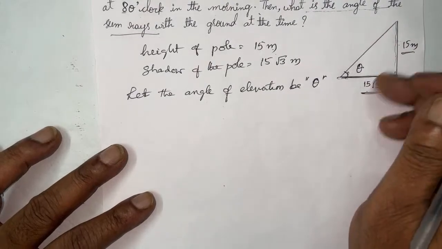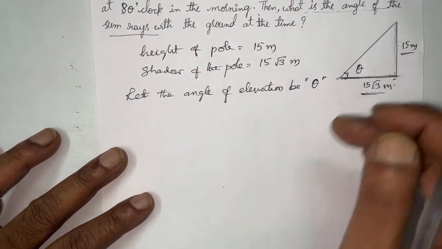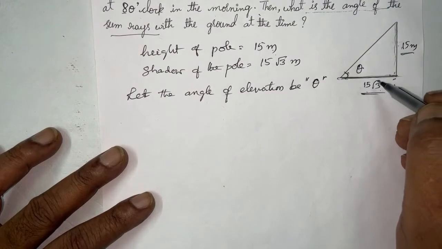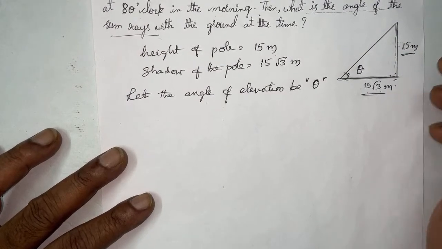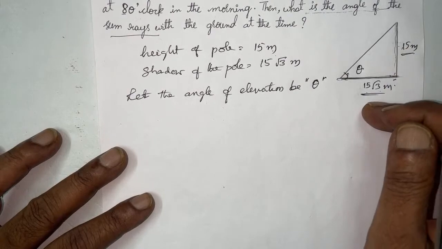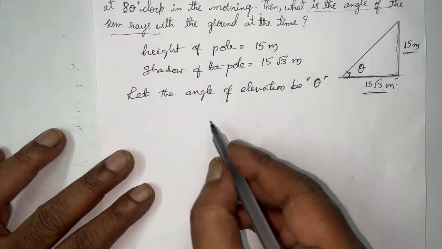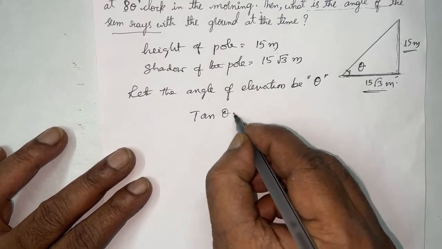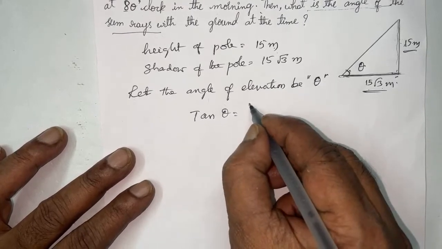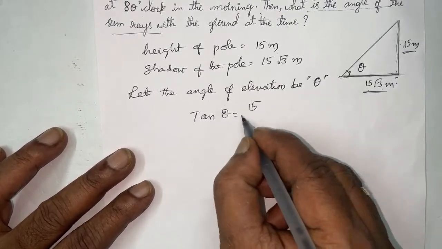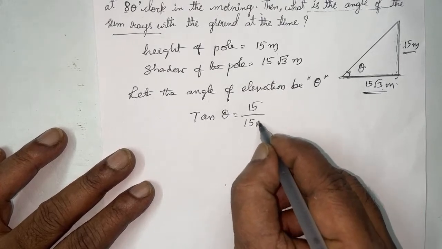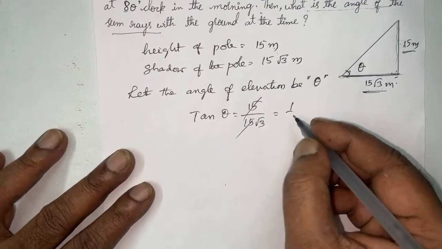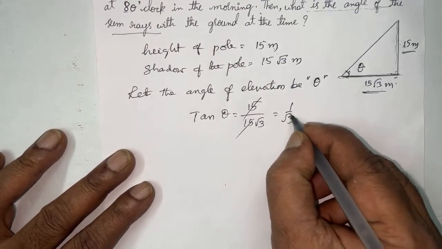Why can't we take sin theta? Why can't we take cos theta? Tan theta, because tan theta relation is opposite by adjacent, and we are having both opposite and adjacent here. So we take the choice of tan theta. Tan theta means opposite is 15, adjacent is 15 root 3. So 15 gets cancelled, and we got 1 by root 3.